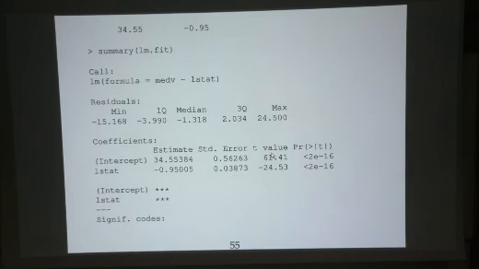You also have the corresponding t values, and we have also discussed how in the large n limit this can be approximated by the normal distribution. Corresponding to those you have the p values, and these p values are very small, which means that the intercept is significant, and the coefficient for lstat is also very significant.